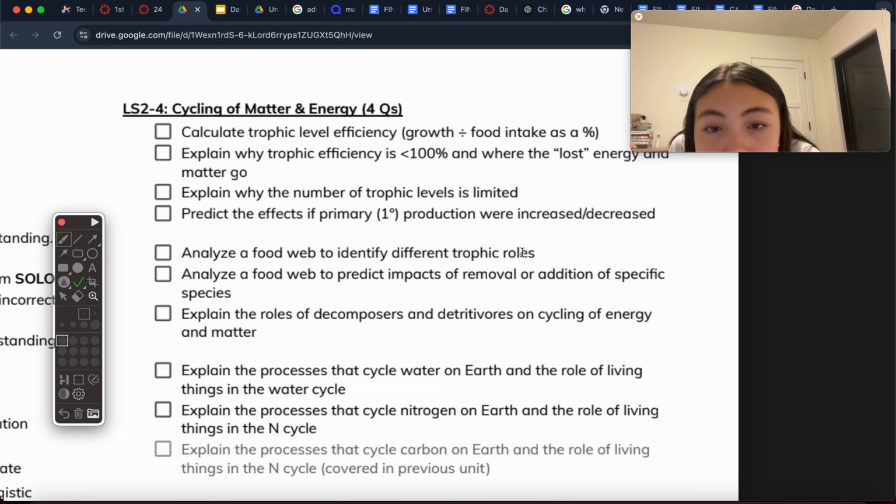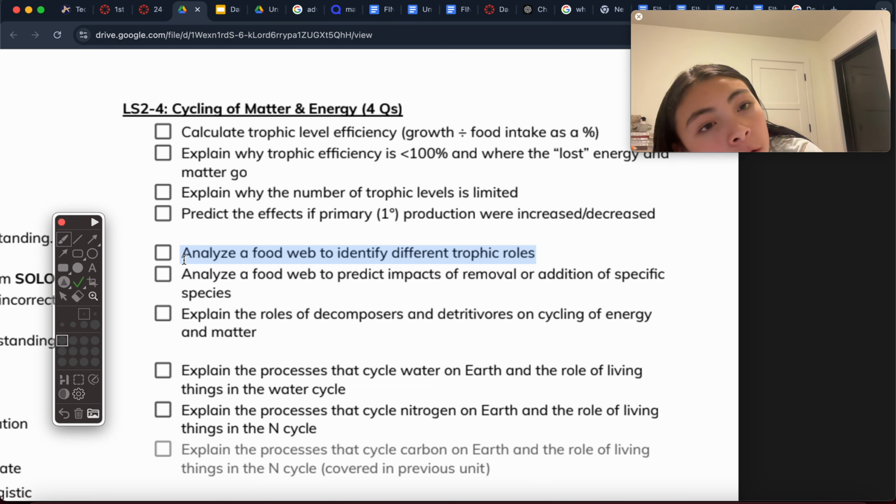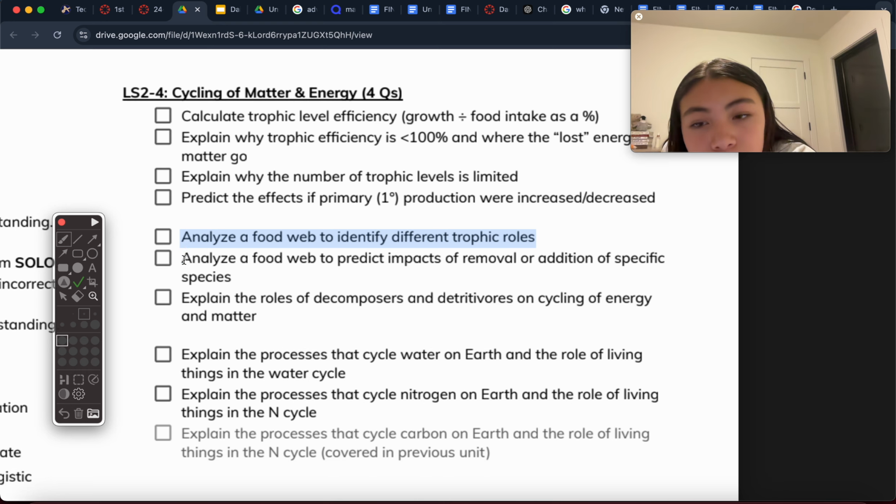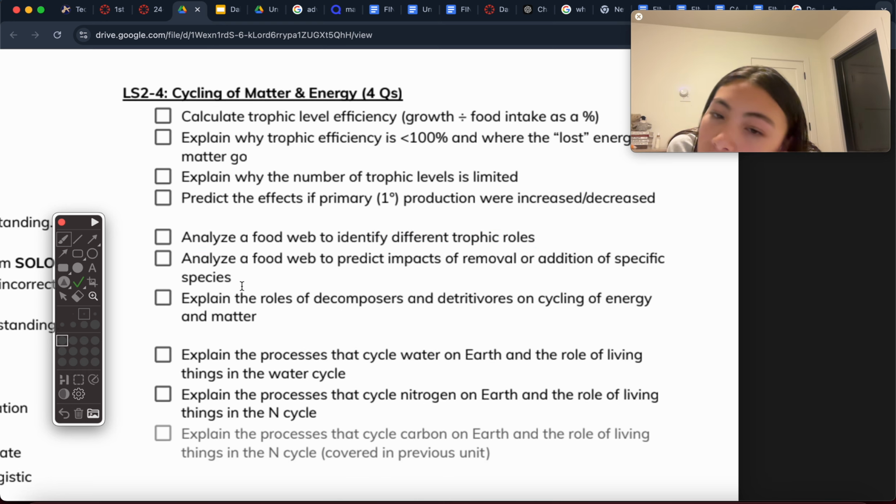Okay, analyze the food web, identify the different trophic roles. So at the bottom, I did producers. First level, you have herbivores, grazers, prey. Second level, you're probably going to get omnivores, and then third level, that's probably carnivores. I think that's because the first and second levels will probably end up eating most of the available producer stuff.